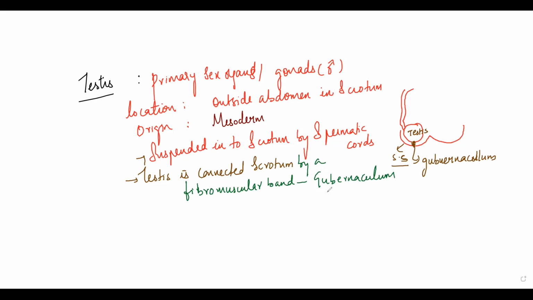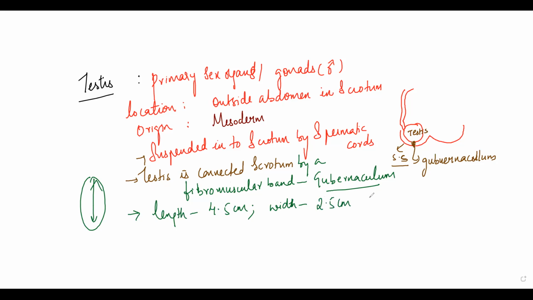I told you that the gubernaculum is the fibrous cord which actually contracts and pulls the testis into the scrotal sacs by the 7th month, as you have seen in the histology of the testis, one of the videos that I have made. The length of the testis is approximately 4.5 centimeters, the width is 2.5 centimeters, and the thickness is around 3 centimeters.